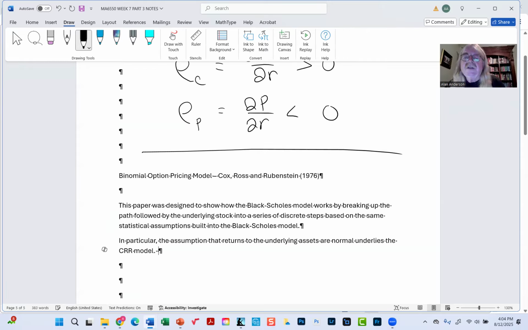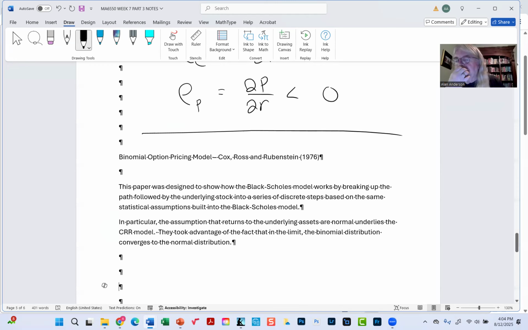So what they did is they took advantage of the fact that, in the limit, the binomial distribution converges to the normal distribution.